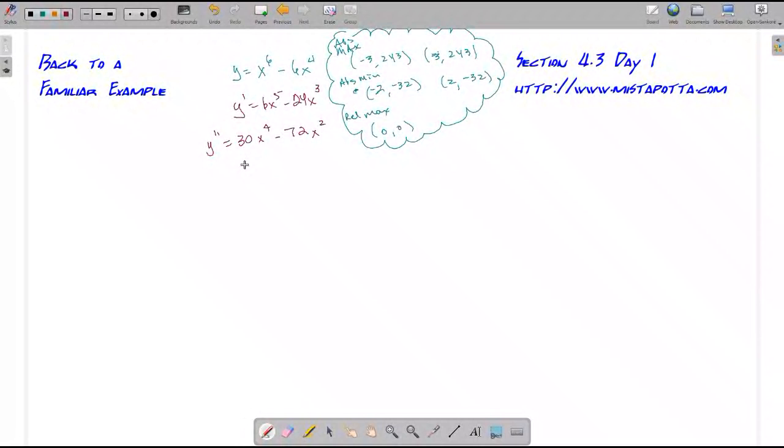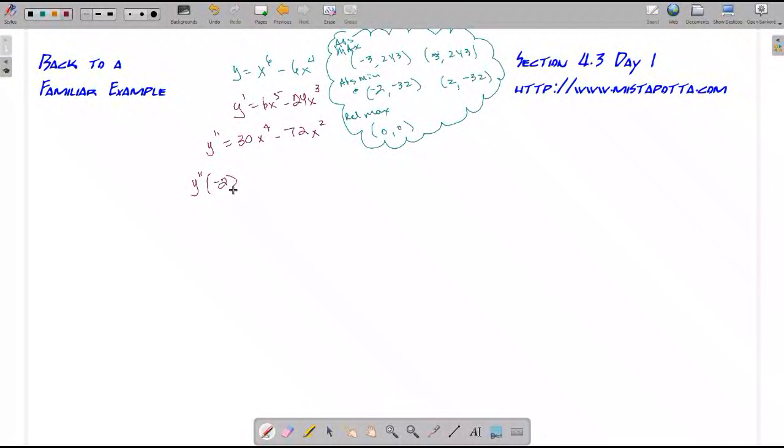So when I look at y double prime of negative 2, which was my first critical point that I came up with, at x equals negative 2, this is positive 16.